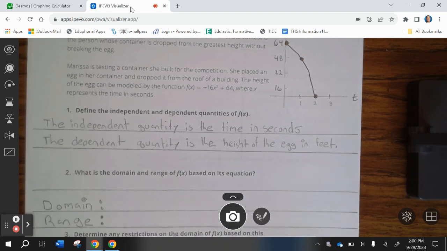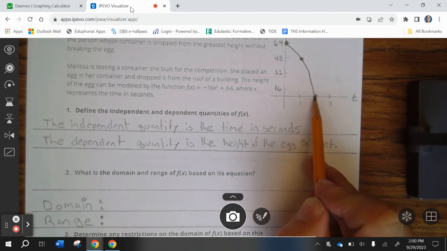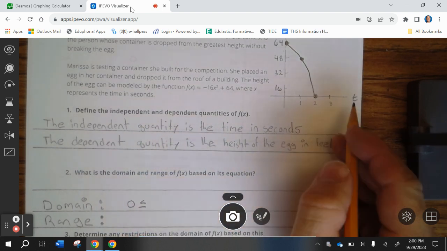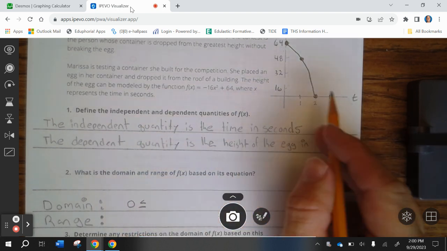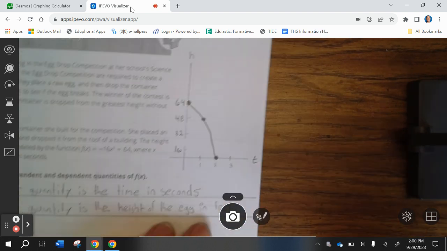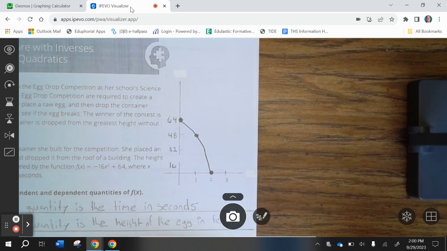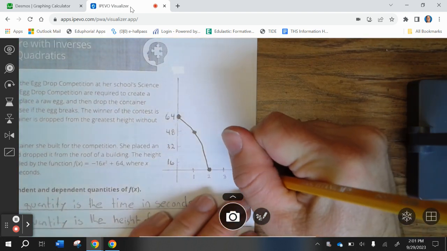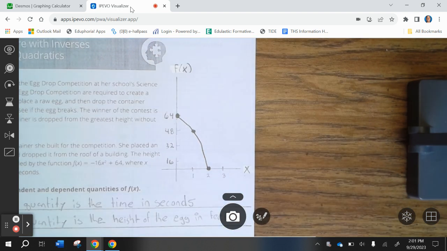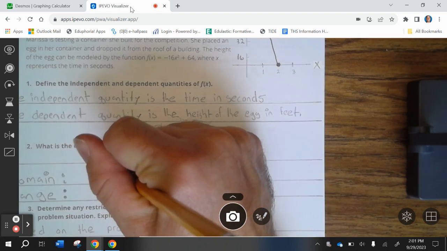Now, the domain and range. The domain goes from here to here. So domain would be 0 less than or equal to t, but we're using x, so this actually should be 0 less than or equal to x less than or equal to 2.